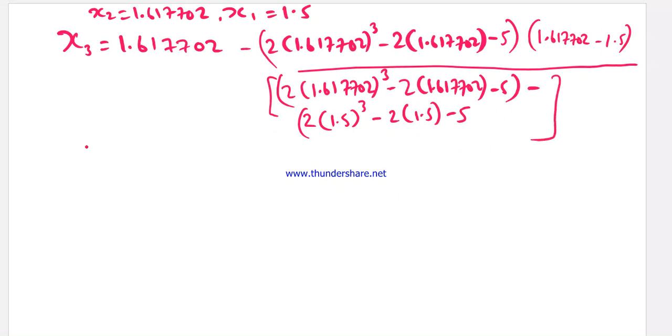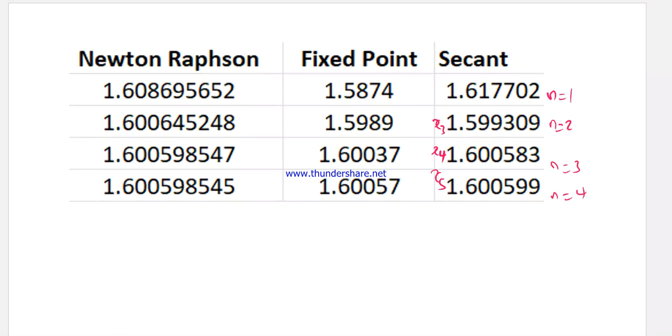So when we evaluate this, we are going to get x3 equals 1.599309.